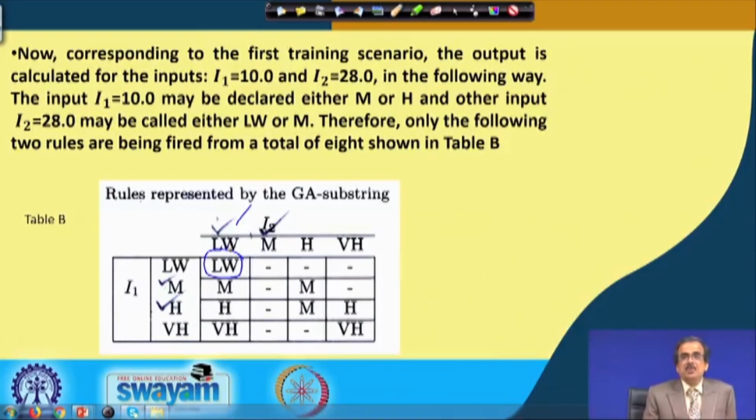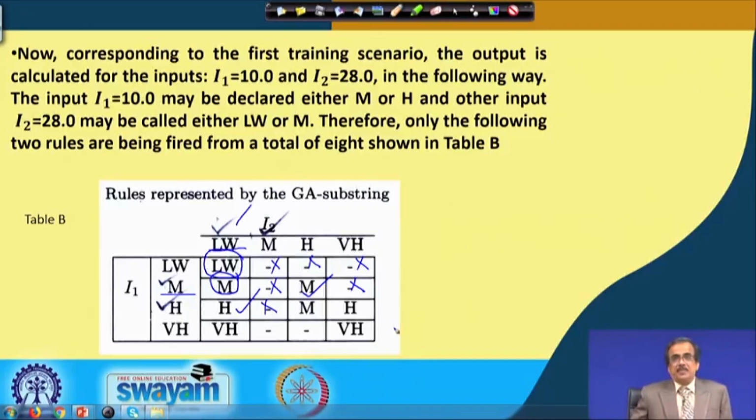So, this rule is present, but the second rule is absent, the third rule is absent, the fourth rule is absent, then the fifth rule is present, which states if I 1 is medium and I 2 is low, then the output is medium. Then the sixth is absent, the seventh is present, the eighth is absent, the ninth is present, the 10th is absent, and so on.